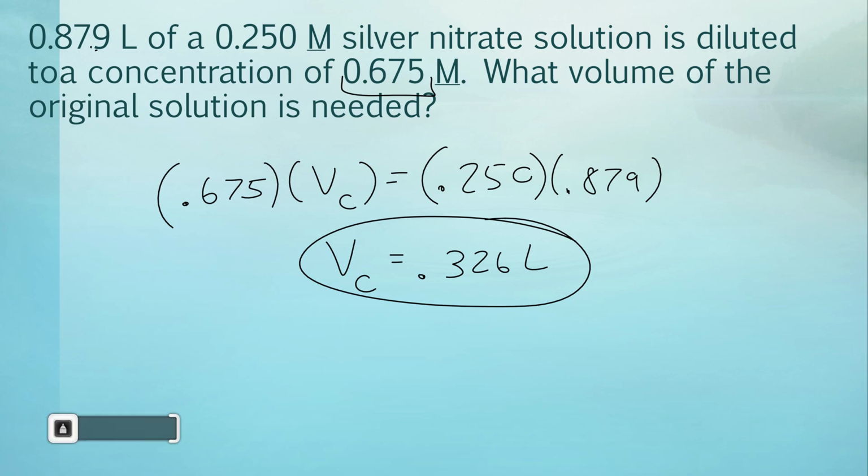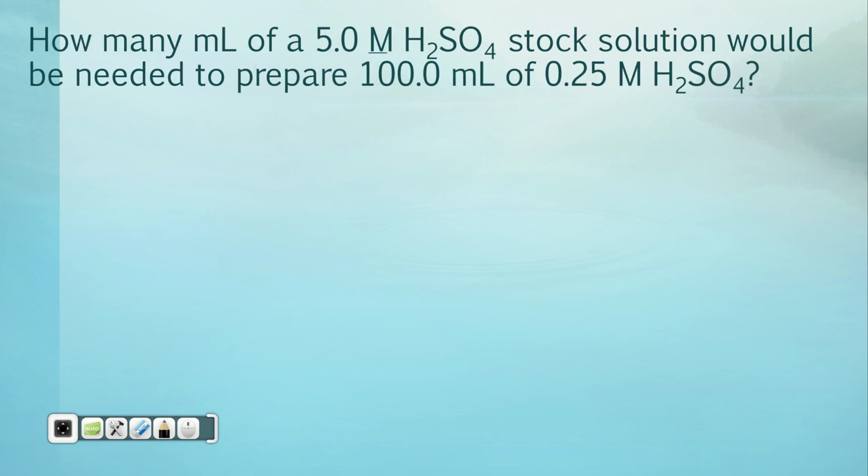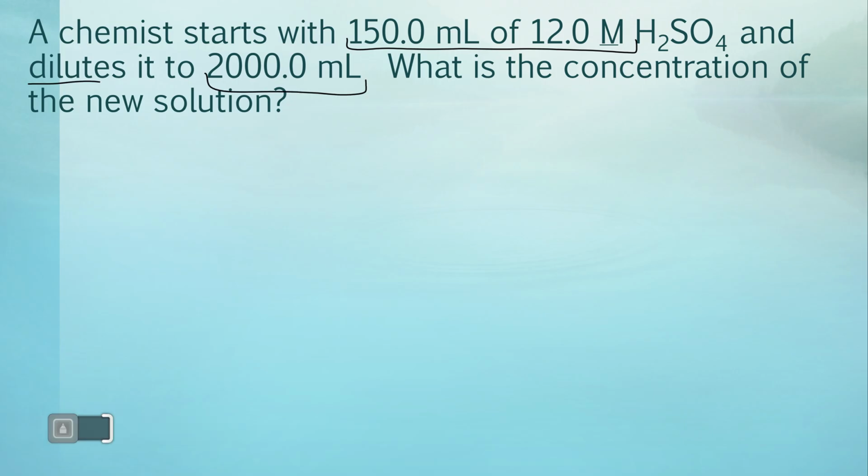Trying to find one that's a little bit different. Same thing. Okay, this is the last one I'll do because we actually solve for molarity. You're going to see we don't really do anything different with the math, but now we're finally starting with the concentrated. We have 150 milliliters of 12 molar H2SO4, and I want to dilute it to 2,000 milliliters. What is the concentration of the new solution?